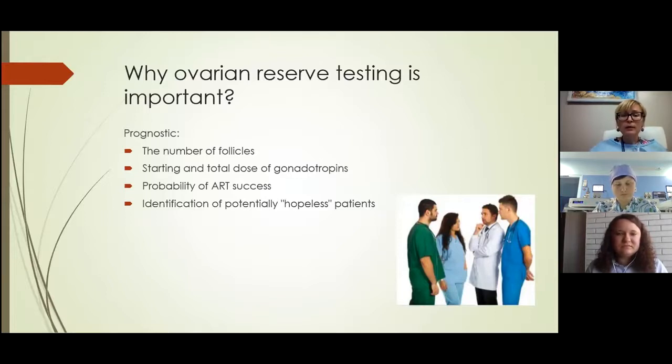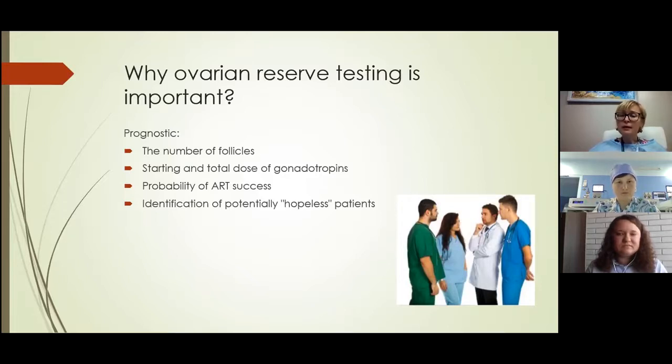Because ovarian reserve means the number of follicles and potential eggs or oocytes which we can obtain during ovarian stimulation. And if we understand well the ovarian reserve of a woman, we can understand better what kind of stimulation we should use. We can also understand the probability of pregnancy in an IVF cycle.